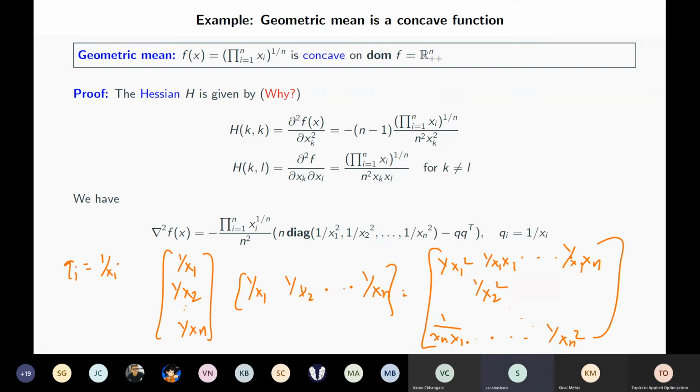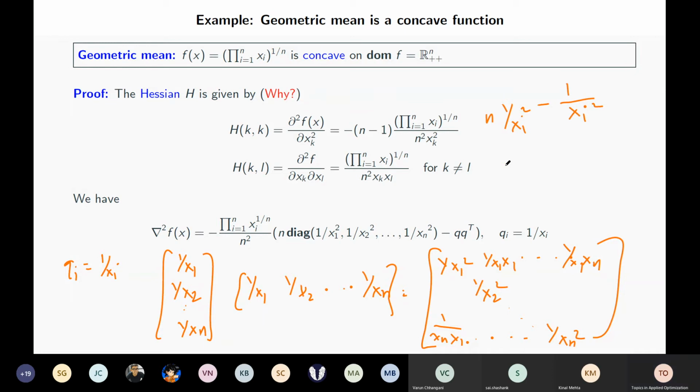So we are subtracting: n terms of 1 by xi square, minus 1 by xi square.